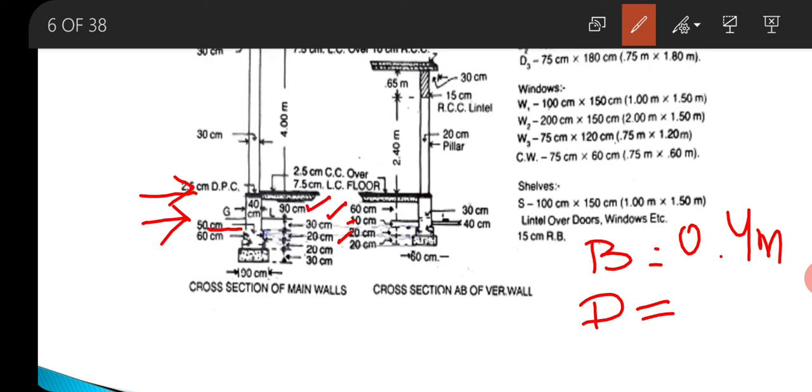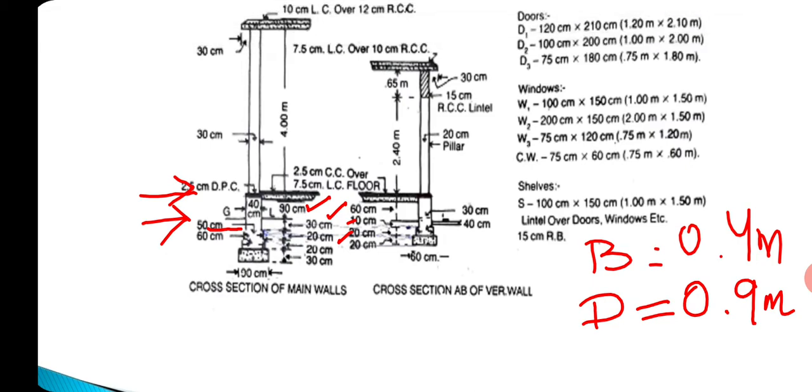So 30 plus 60 is 90 centimeter or 0.9 meter. Okay. So this is the depth of the plinth wall.